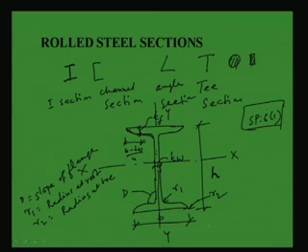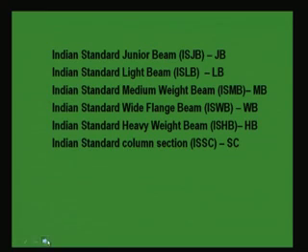So, these are the standard terms given in the SP 6 code. We have to know what the terms are, and accordingly the specifications and values have been given. Now, let us see how the terms come.